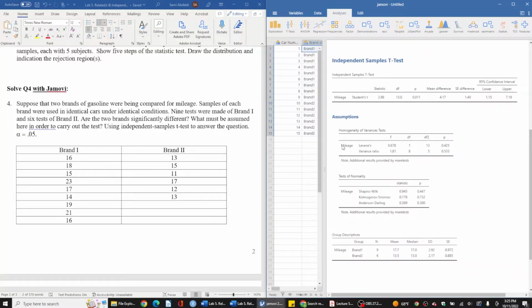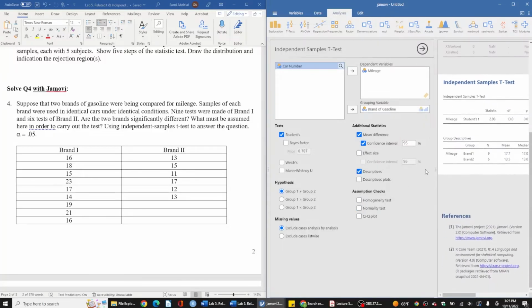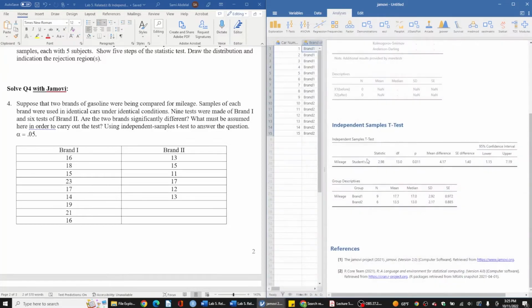So this means the homogeneity of variances, the variance of each sample, is equivalent. For this test of normality here, they're normal distributions, so they're not skewed in one direction or another. And we can see that with the Shapiro-Wilk here, it's 0.447. So it's just something kind of fun if you were curious about it. But let's go ahead and remove that so this makes sense.